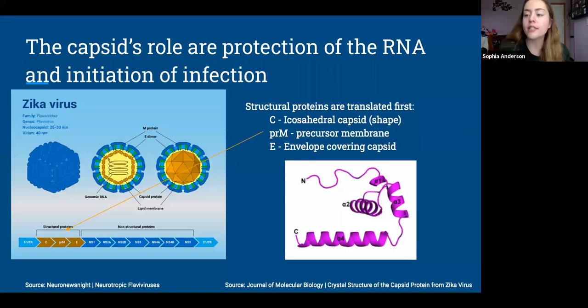These three proteins, C, PRM, and E, that Elise just mentioned, are structural proteins used to construct the new virus shells. E and PRM come together to form E-PRM complexes. Each capsid protein dimer binds to 3 of these E-PRM protein complexes, creating a triangular network of capsid protein dimers.